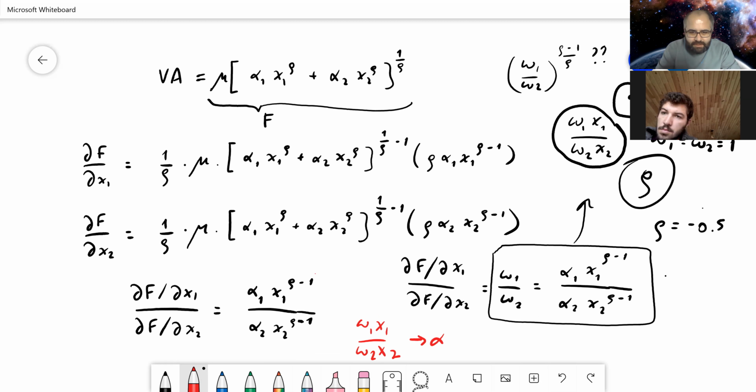Now here, as you see, you have rho here and rho here, and it becomes nonlinear. So without knowing rho, you cannot identify alpha. So that's the type of identification problem that might appear in many different models, in many different contexts.